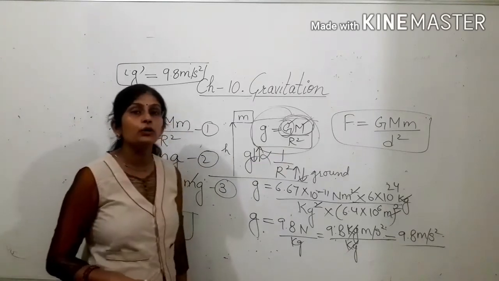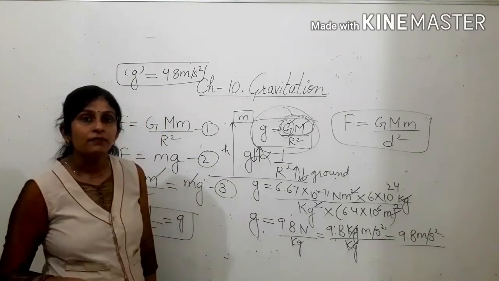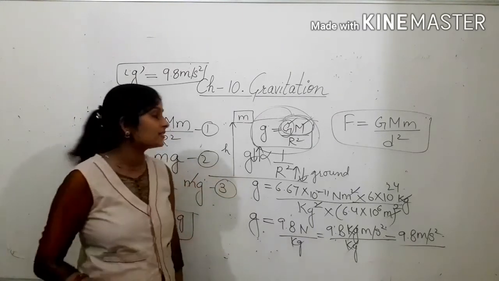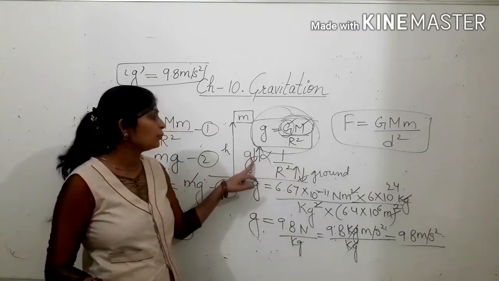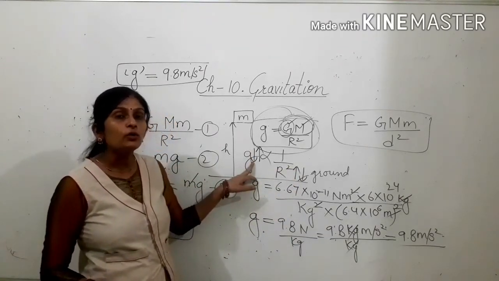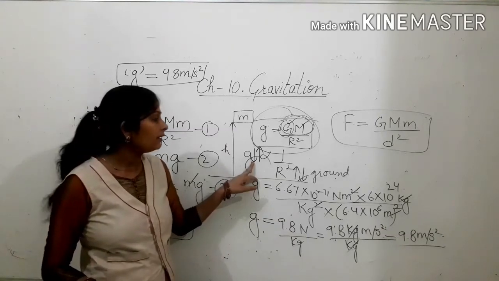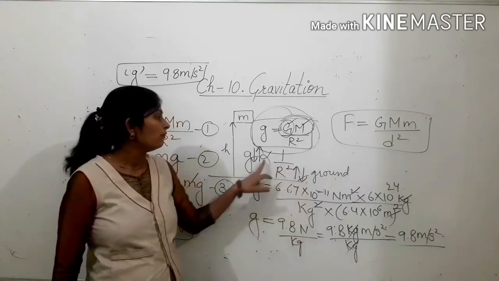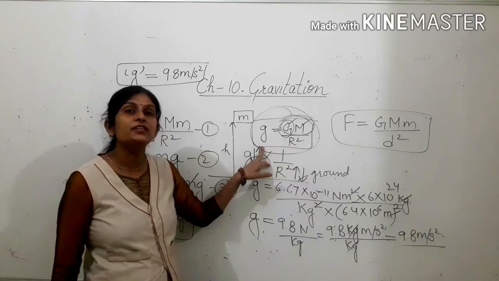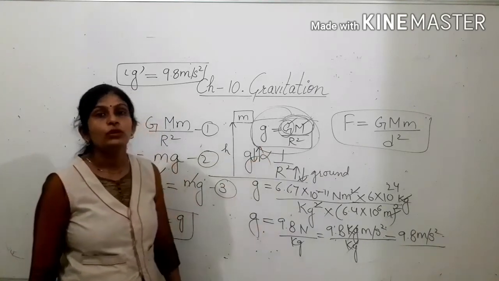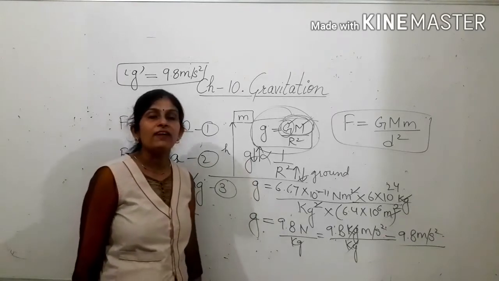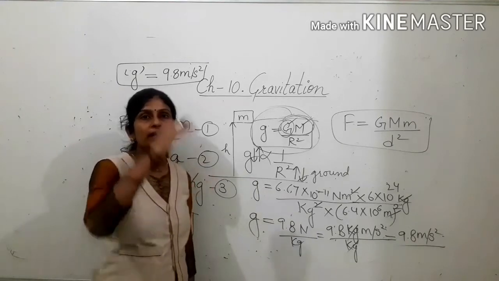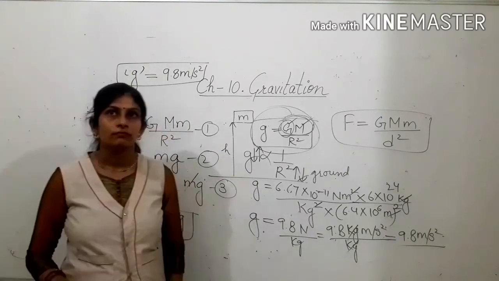And just now I told you that earth is not a perfect sphere. Its radius at all points is not the same. At the equator, its radius is more. So acceleration due to gravity, small g value, is less at the equator. And radius at the poles is less. So value of acceleration due to gravity is more at the poles. So in this way, the value of acceleration due to gravity, small g, varies at the equator and at the poles.